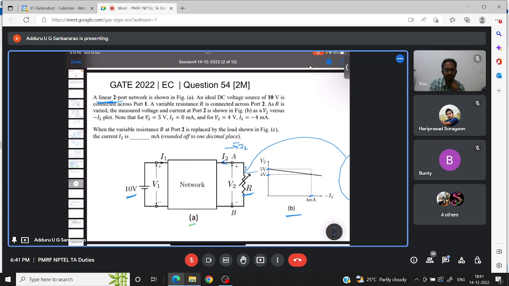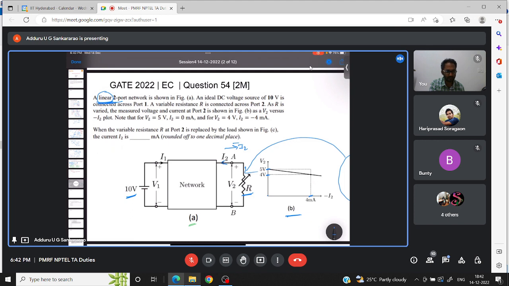Rather than that, since it is a linear network, we try to use some network theorems to solve this. Rather than using two-port parameters, which may be a little complex, we try to use one of the theorems.